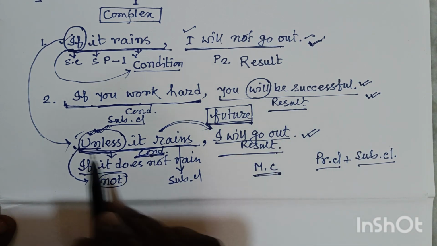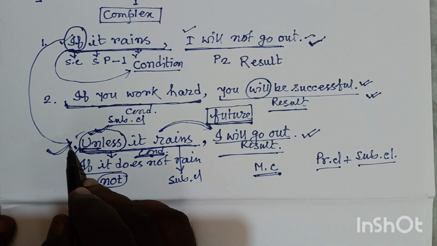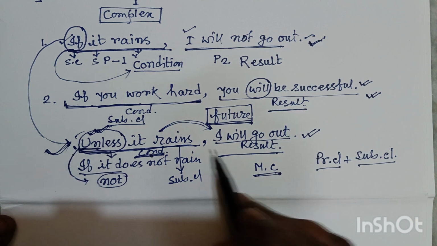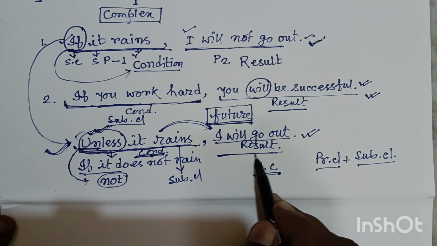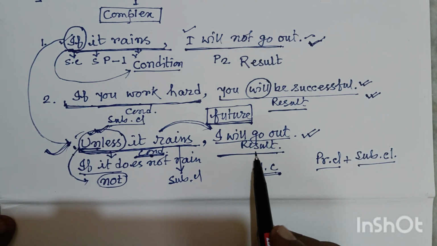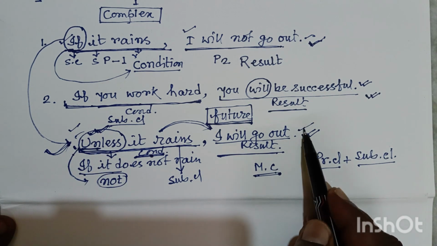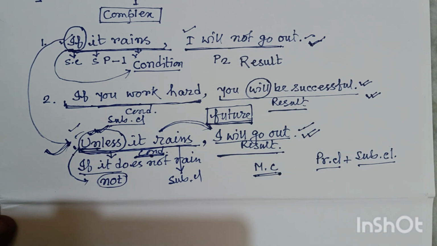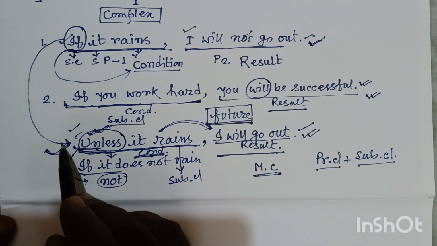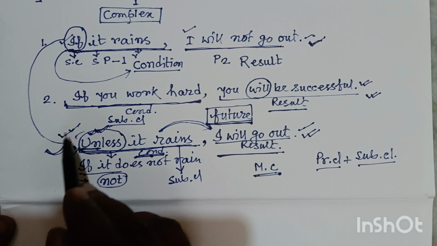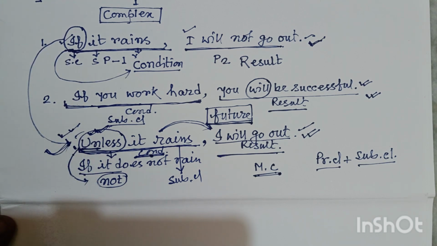So better you write down the condition part earlier, after that you write down the result part. Even though I'm saying you can write down this part after the principal clause, there is no such problem, the meaning will be the same, but this is the best way to do this type of complex sentence.